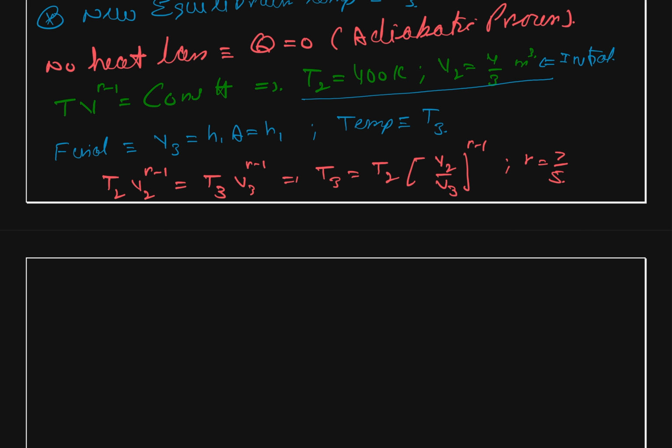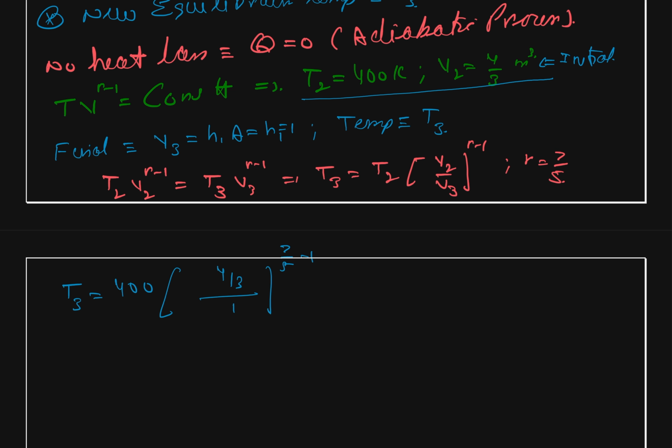So let's substitute the values. We get T3, T2 is 400, and V2 is 4 by 3, and V3 is H1, which is 1 meter. So this comes as 1 whole raised to the power gamma minus 1, that is 7 by 5 minus 1.